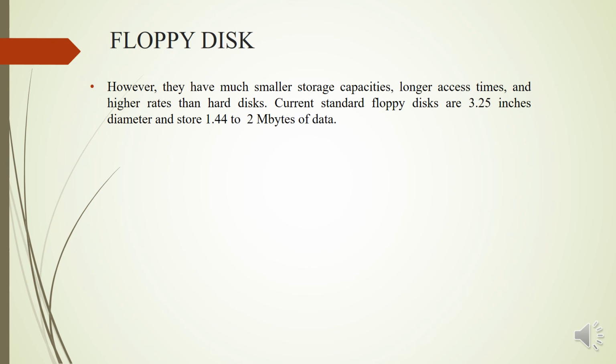However, they have much smaller storage capacity, longer access time, and higher error rates than the hard disk. Current standard floppy disks come in 3.5 inch diameter and have the capacity to store 1.44 to 2 megabytes of data.